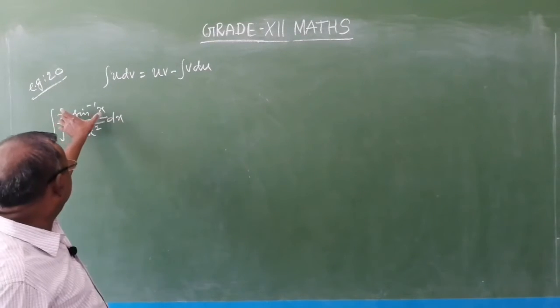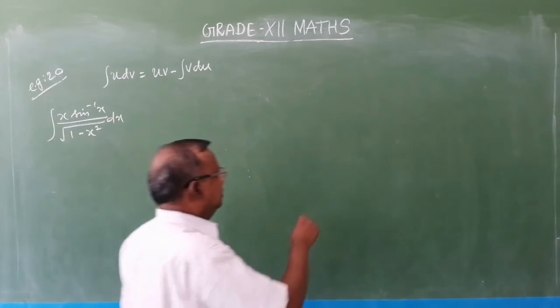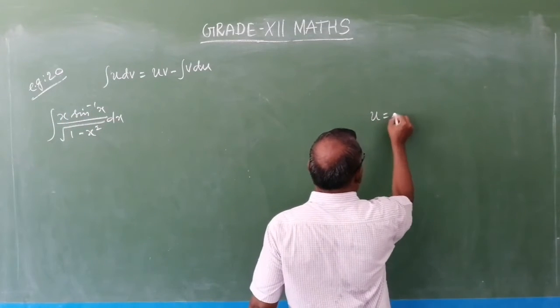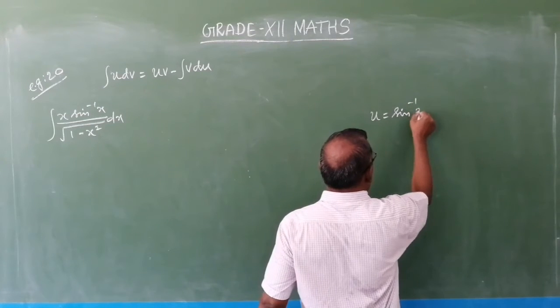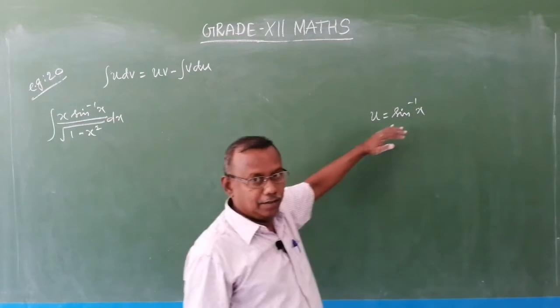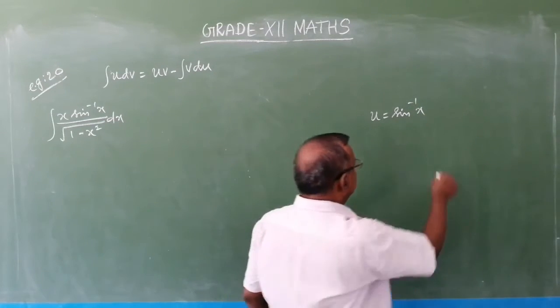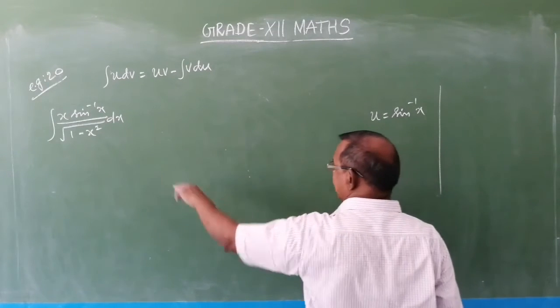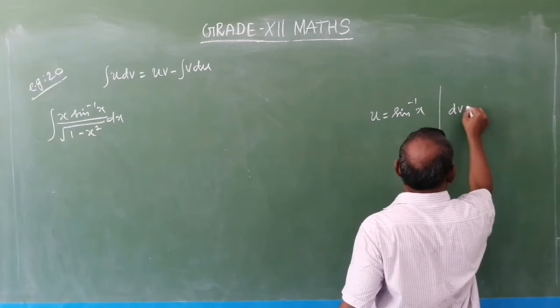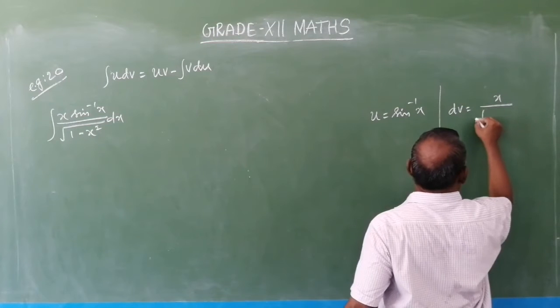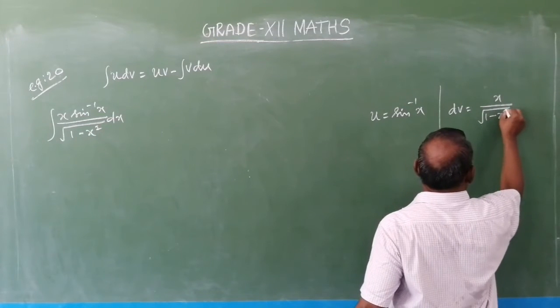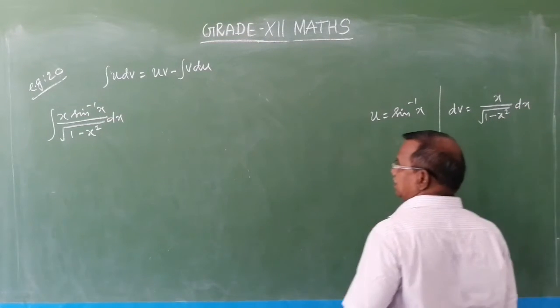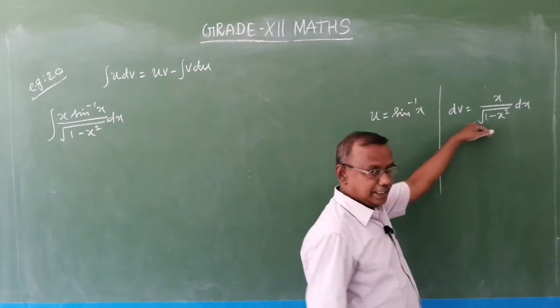So let us take u as sin inverse of x, because we do not have any formula for this. Now we can integrate x divided by root of 1 minus x square into dx, that is dv. So we can integrate this function easily.